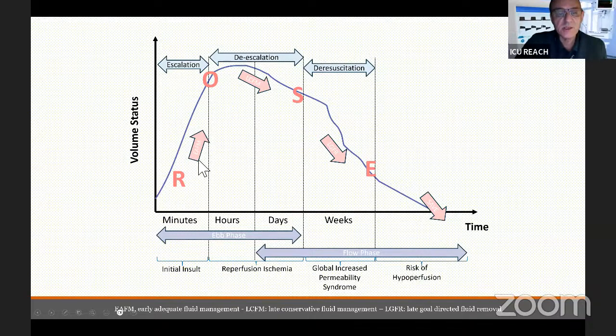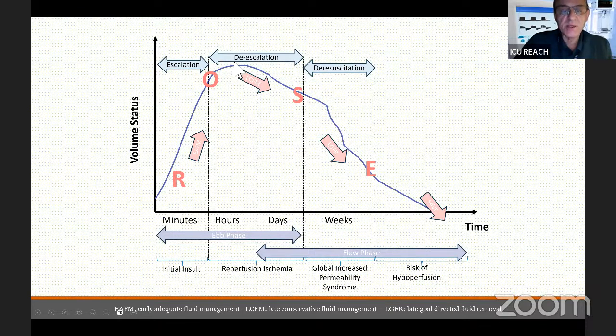And the fluid strategy is early adequate fluid management. And what you have in this phase is initial insult, hypoperfusion insult on the organs. Within the first few hours after that, you need to de-escalate.